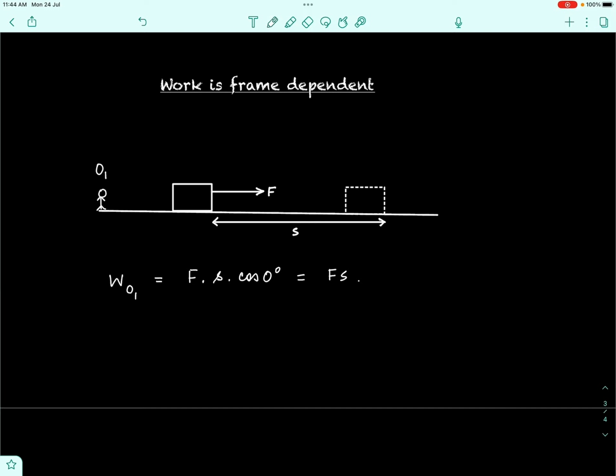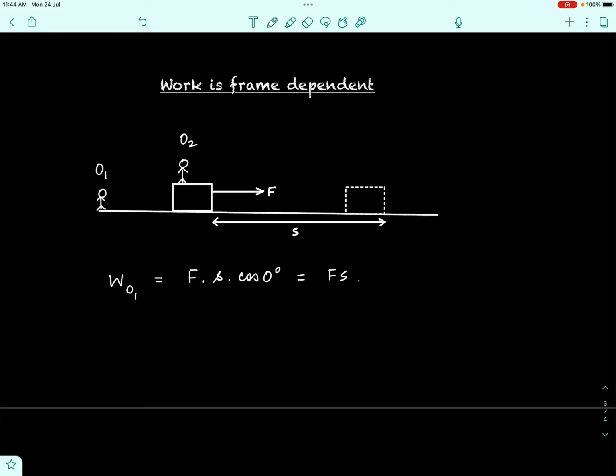Instead of this observer, now we have another observer who's standing on this block and observing the things happening. This is observer 2. According to observer 2, how do you think the motion of the block will be? Do you understand now? Since the observer himself is a part of the block, he is standing on the block, as seen by him, the block does not undergo any displacement, right?